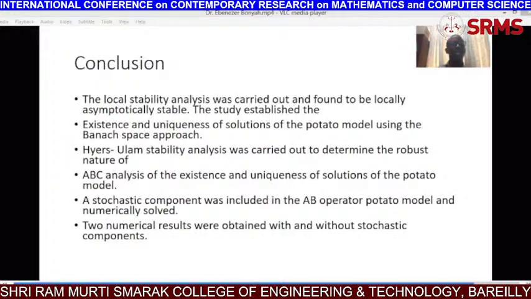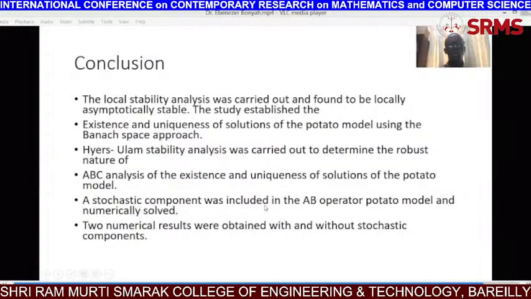So we conclude by saying that the local stability was carried out, which was found asymptotically stable. The study established existence and uniqueness of the solution of the model using the Banach space approach. However, Ulam stability was carried out to determine the robust nature of the ABC existence and uniqueness of the solution of the model.